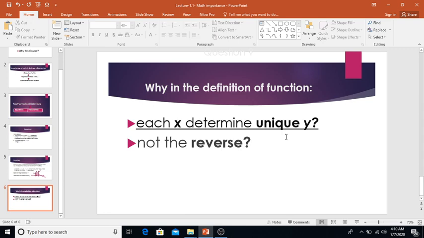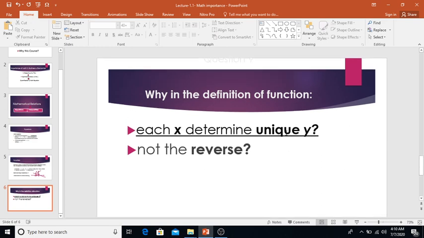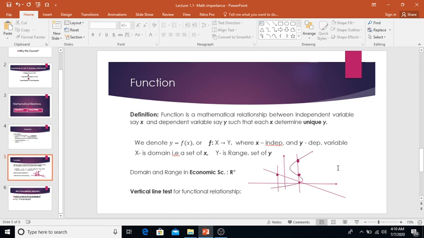So if for some x we will find not unique output, but a number of outputs, in that case we cannot make decision.